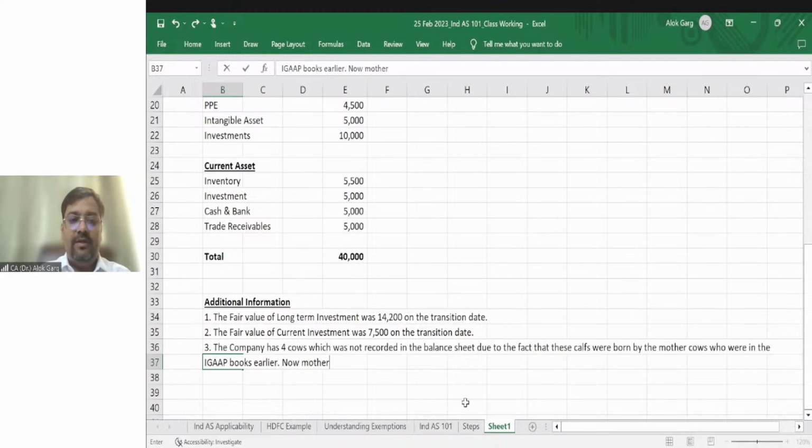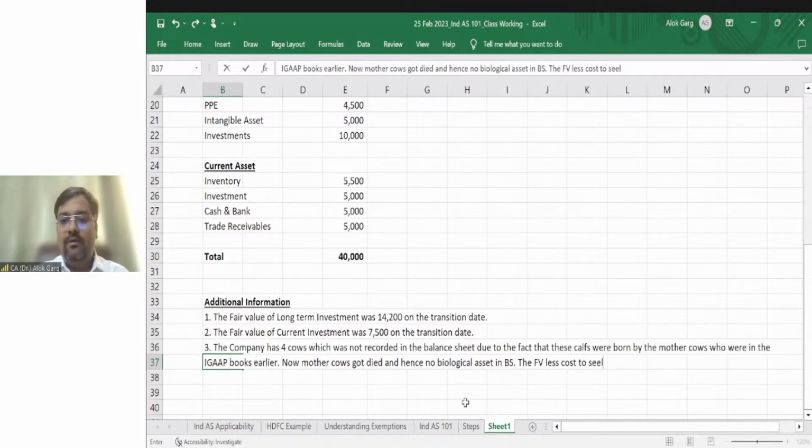Now, the mother cows died and hence no biological asset in the balance sheet. Right. The fair value less cost to sell of these 4 cows is 10,000.